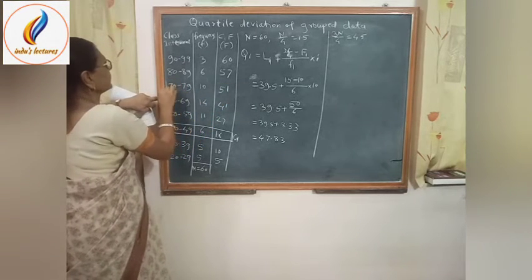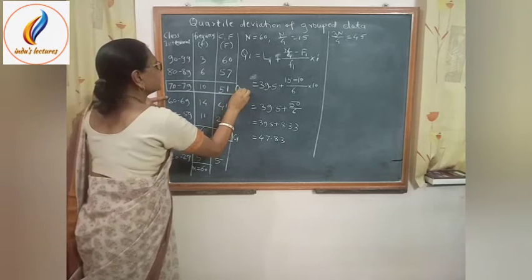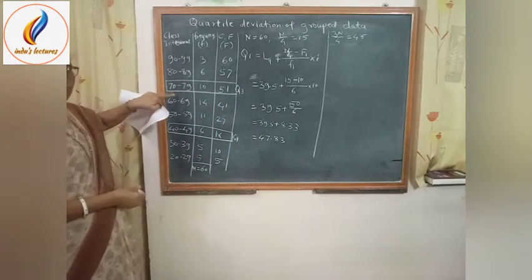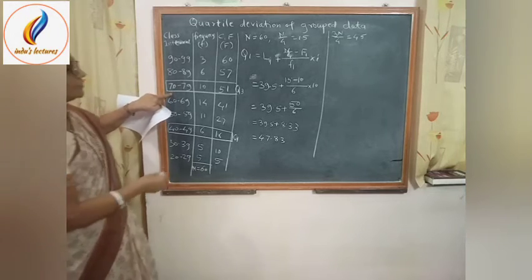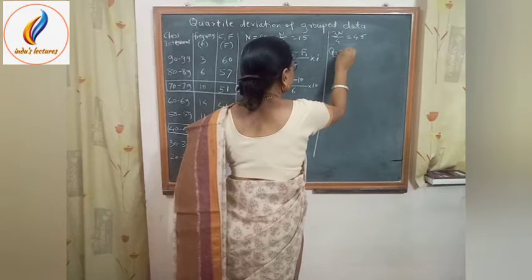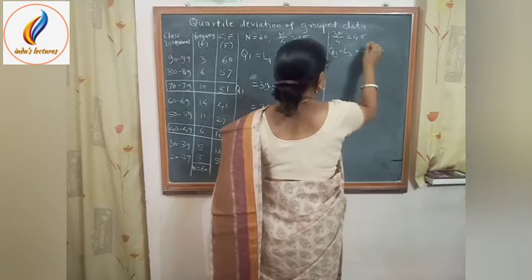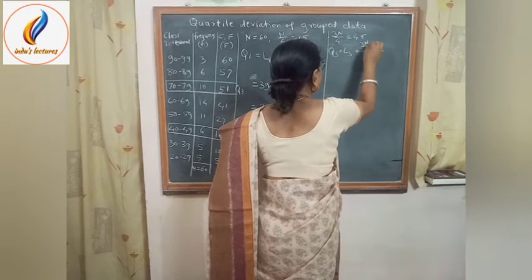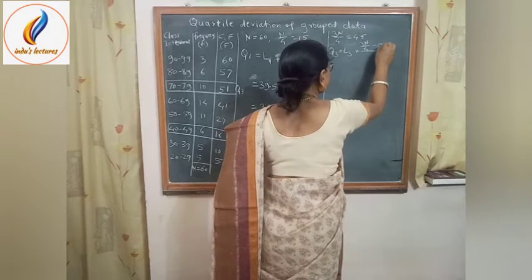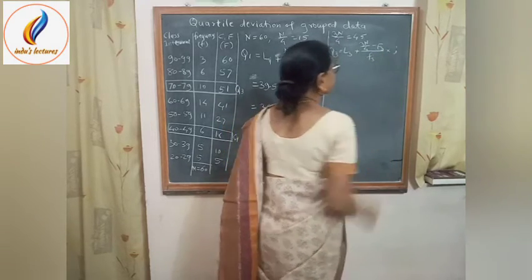So it is the class interval of third quartile, that means Q3 class interval. Now we have to use the formula Q3 is equal to L3 plus (3n by 4 minus capital F3) upon small f3 into i.